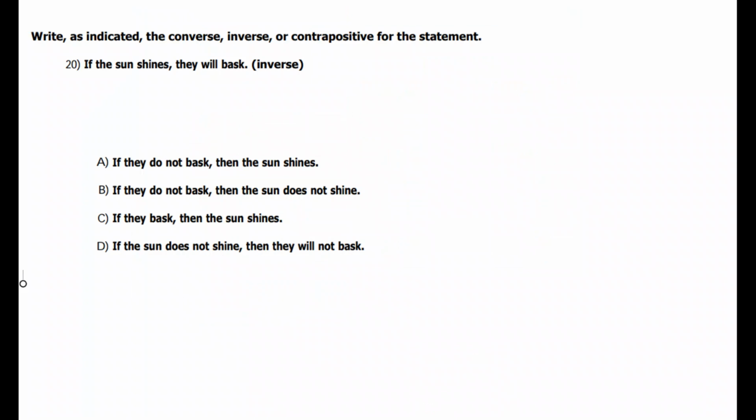So going back to here, this one wants the inverse. So remember, if the original is if P, then Q, the inverse says you're going to negate them. All right, that's the inverse.